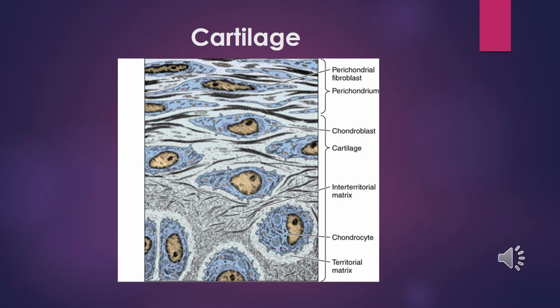Chondroblasts lie in the perichondrium in the deeper part visible in this picture, and chondrocytes are in the central part of the cartilage matrix, surrounded by collagen fibers and ground substance.